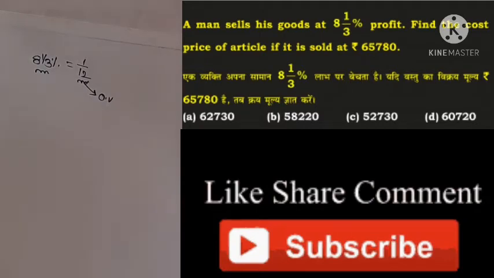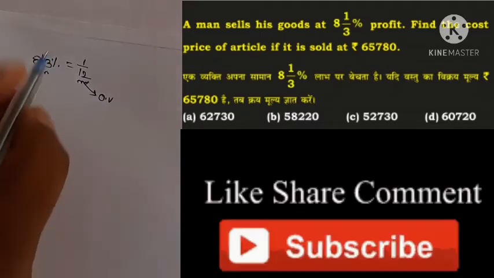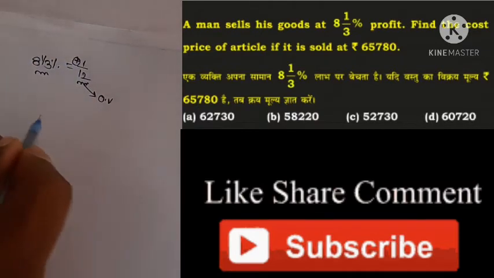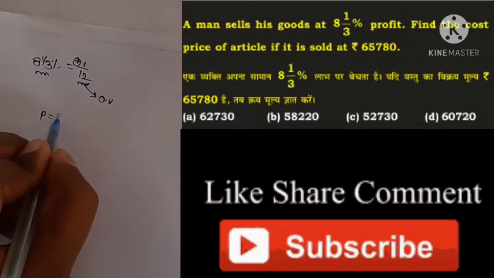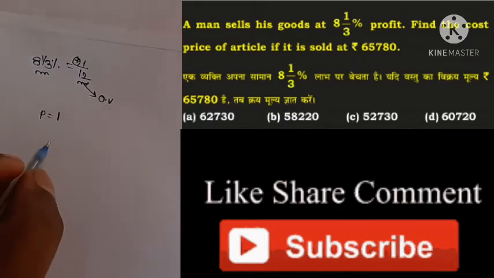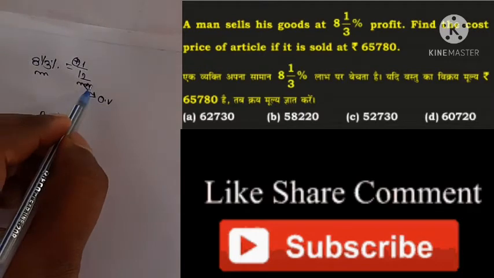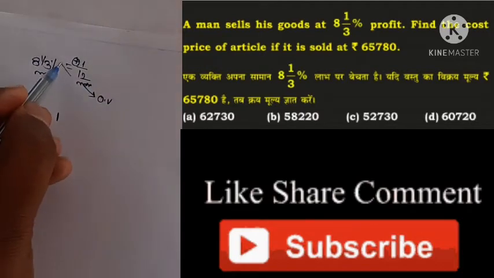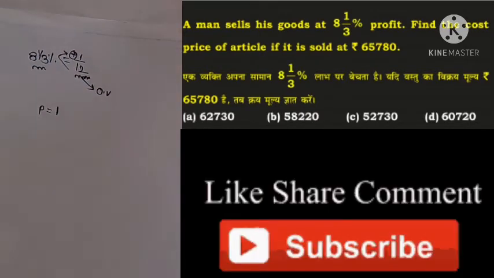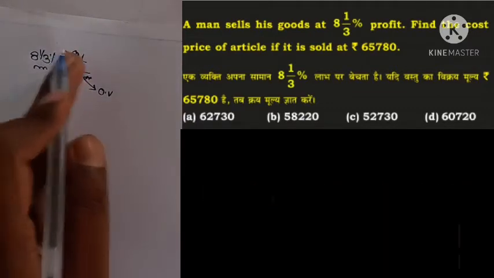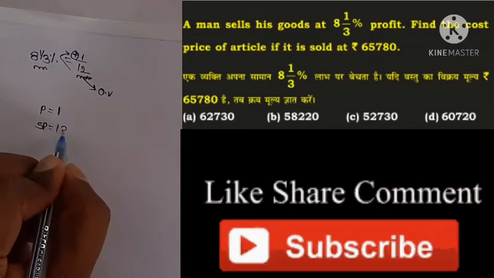Sold at the profit of 8 1/3%. So here profit is 1. So original number is 12. So it is increased by 8 1/3%, that value is 1. So selling price represents 12 plus 1, so 13 units.